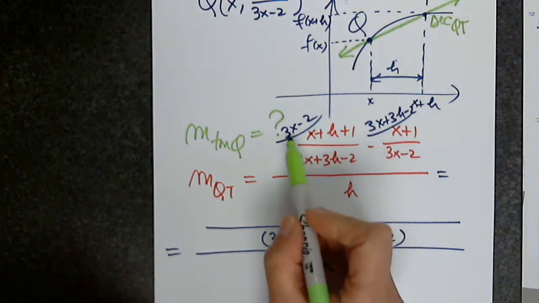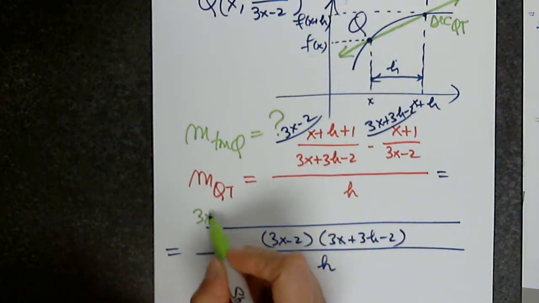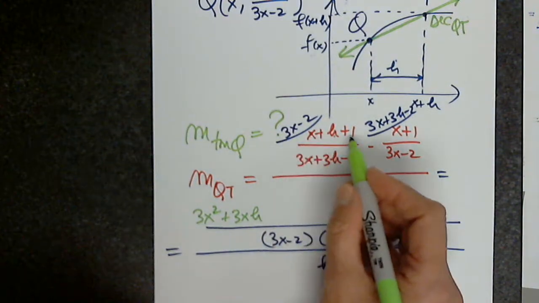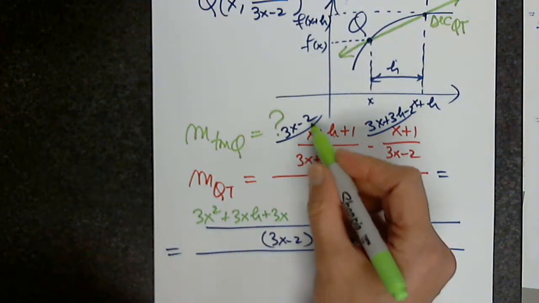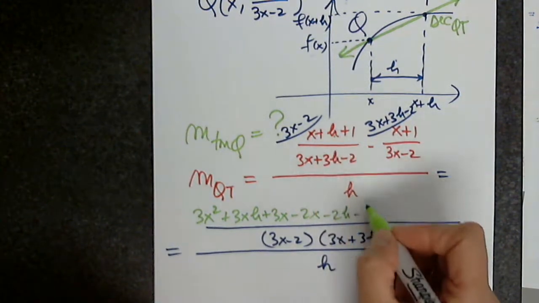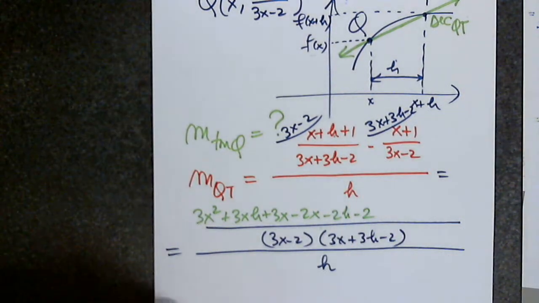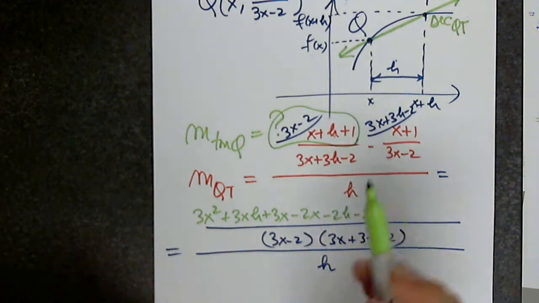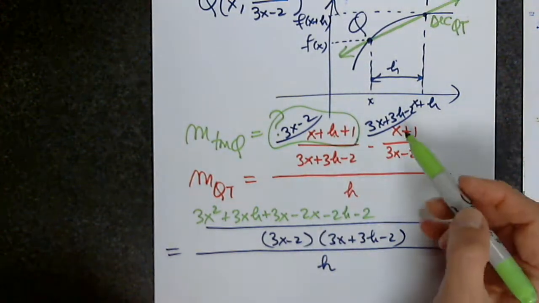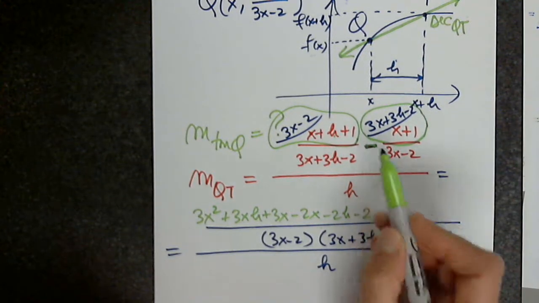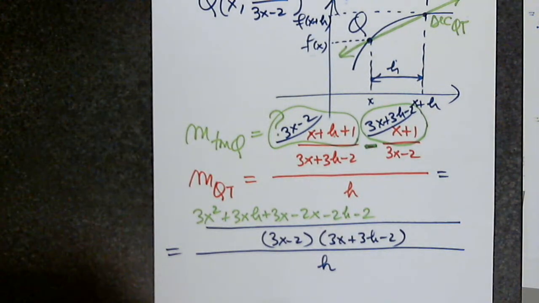Okay, so then I have to multiply 3x by x, 3x by h, 3x by 1, negative 2 times x, negative 2 times h, and negative 2 times 1. This is only this product. Now I have to perform this, changing all signs because of the negative symbol in front.